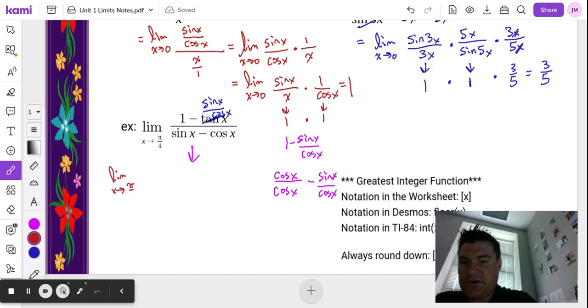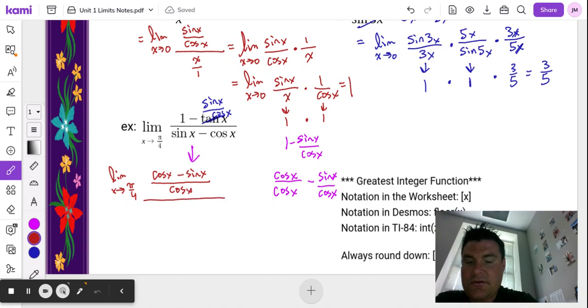So I'm now going to rewrite this limit as the limit as x approaches pi over 4 of cosine x minus sine x, and that is all over cosine x. So I just rewrote that numerator, 1 minus tangent, it's the same thing as my numerator right there in red, all over sine x minus cosine x. Technically, this is all over 1.